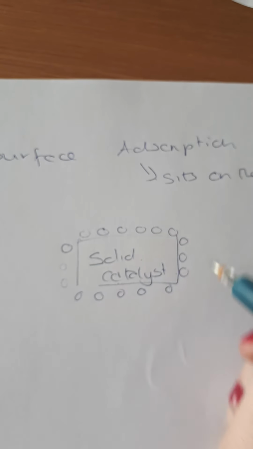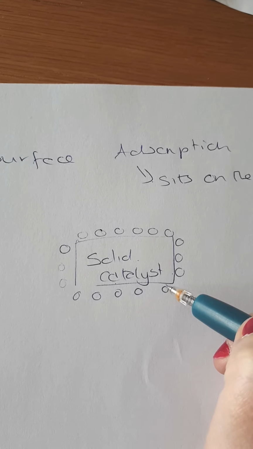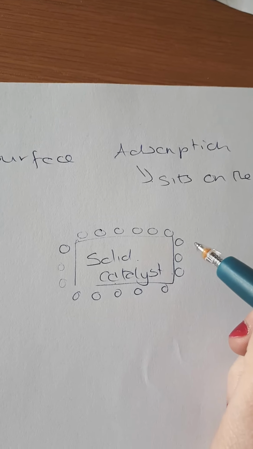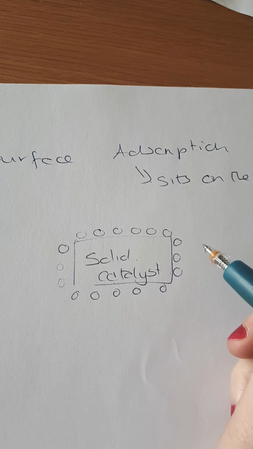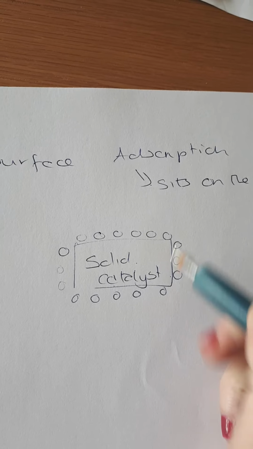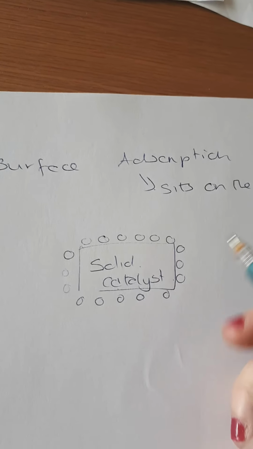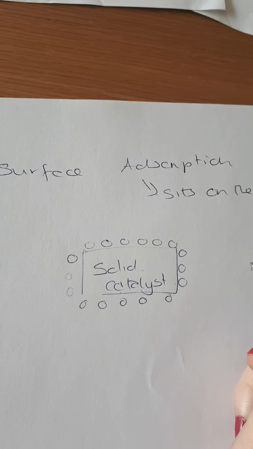Now we have them contained in one area. Because they're now contained within one area, they're going to increase the frequency of collisions, which increases the rate of reaction. So that's how the catalyst in this surface adsorption theory works.